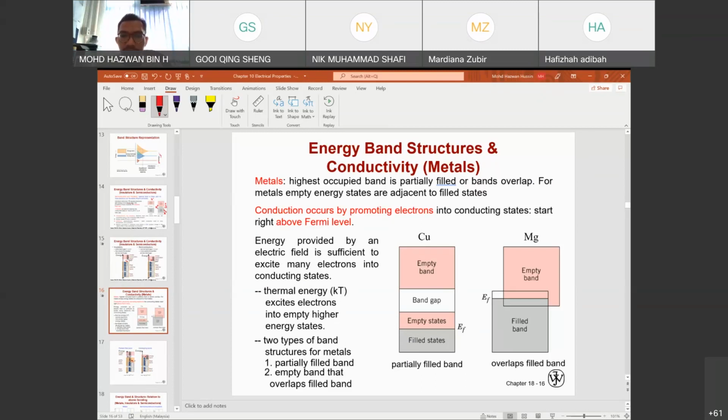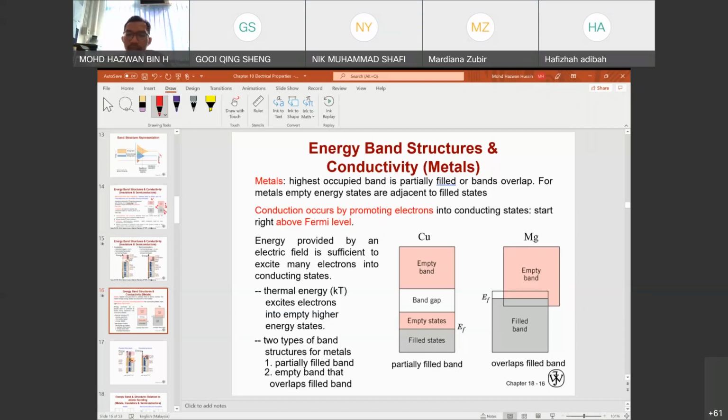Energy provided by an electric field is sufficient to excite many electrons into conducting states. In this case, we also have a term known as thermal energy, which means you have received energy in terms of heating. It will excite the electrons into the empty higher energy states.